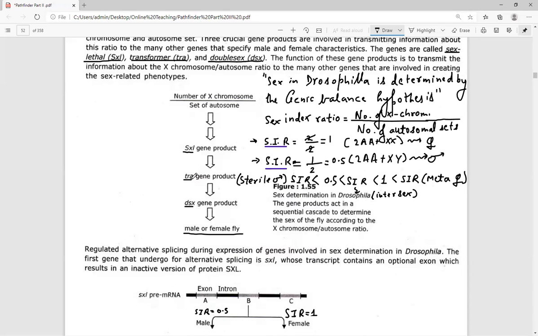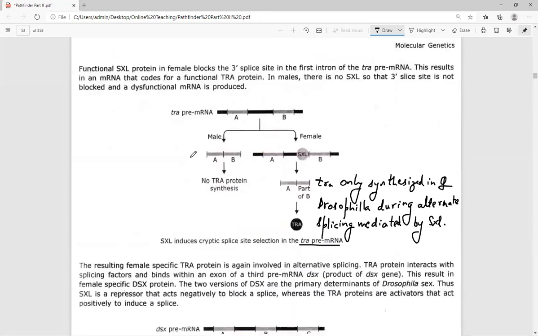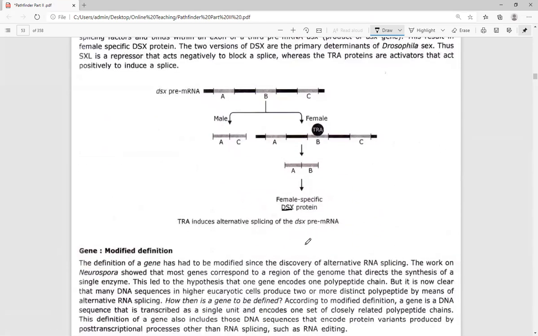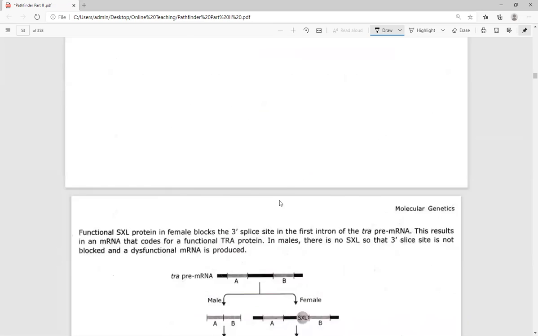Tra protein will act upon Dsx. In the case of Dsx, if the male has to be produced, A and C exons are ligated together. If the female has to be produced, then A and B exons are ligated together. So the female-specific Dsx protein is going to be biosynthesized.